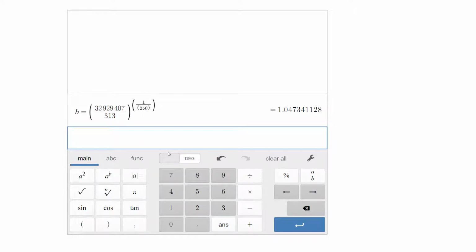And if I just type in b, and we're going to raise that b to the 30th power, that'll give us a much more accurate view of what the growth factor is. B to the 30th is roughly equal to 4.005. We'll just keep it rounded to 3 decimal places here.